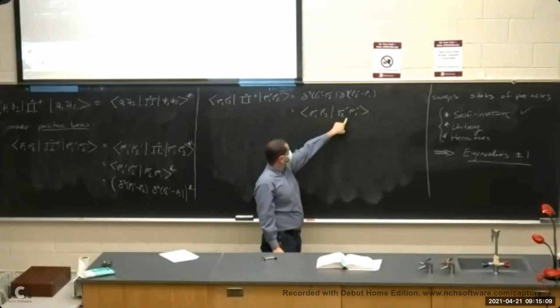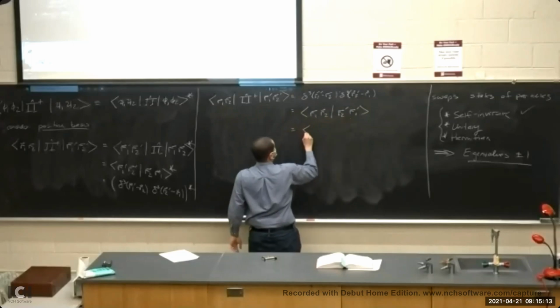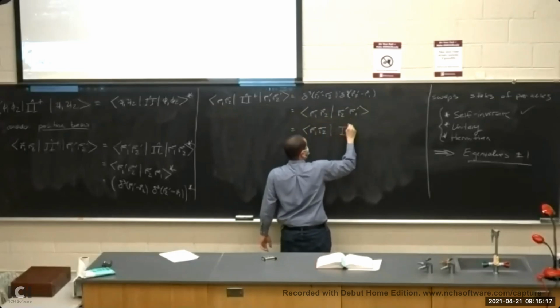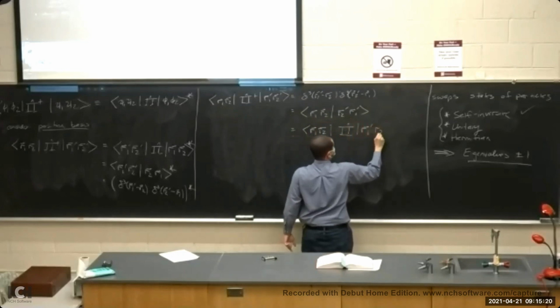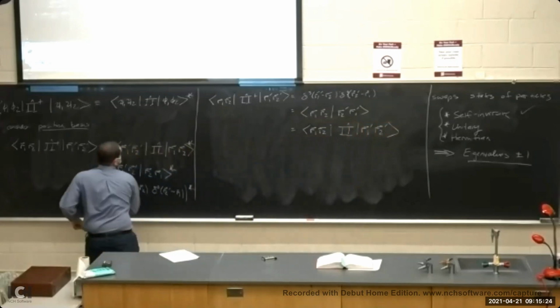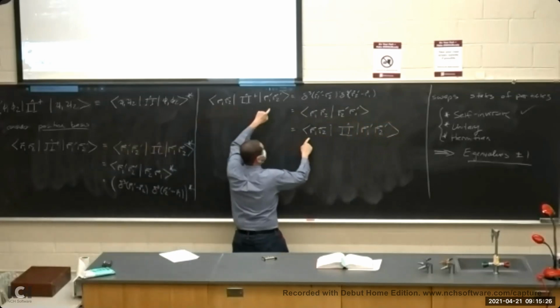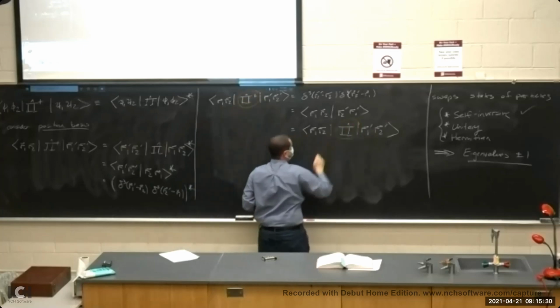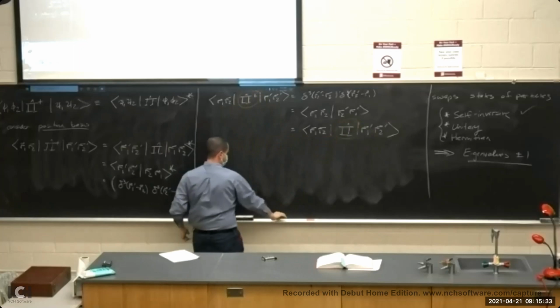And now I just write this as the swapping operator, the exchange operator on this state. So this is <R1, R2| π |R1', R2'>. And now I'm done because the state on the left is the same, the state on the right is the same. And since this is true for any state in a complete basis, these operators are equal to each other.